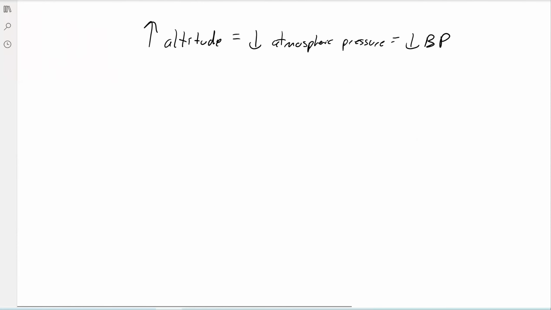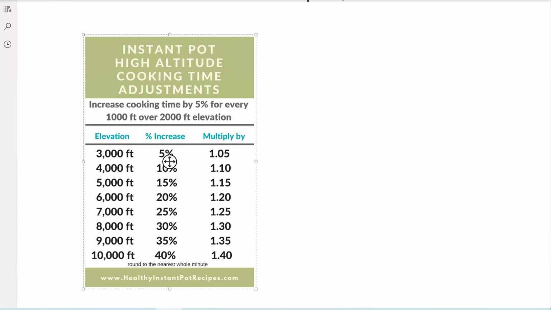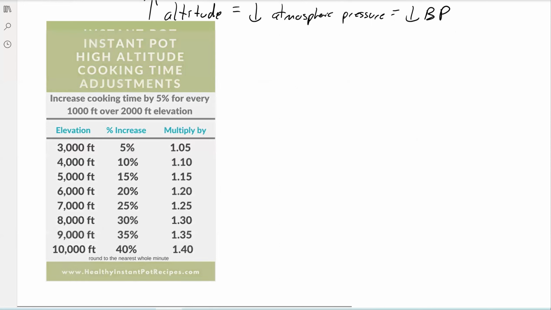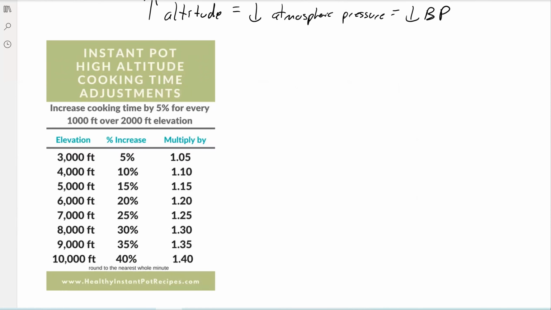And this has a pretty cool common-day application, at least if you live at high altitudes, and that comes when cooking. If you've ever gone up to the mountains and cooked, or maybe you know somebody that lives really high up, they oftentimes have to cook slightly differently. In this case, this is just something I pulled from the internet, some kind of Instant Pot cooking guide. It says increase cooking time by 5% for every 1,000 feet over 2,000 feet elevation.